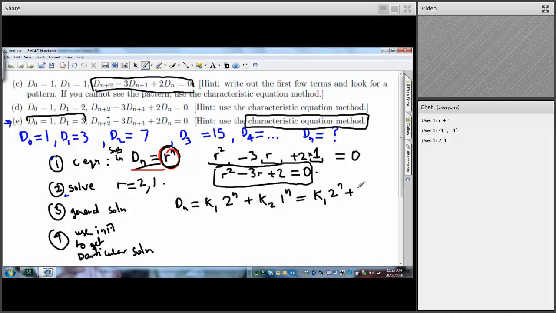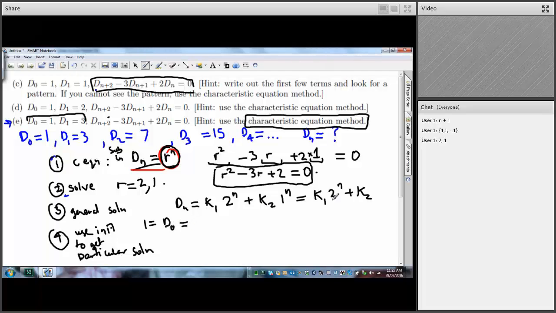The characteristic equation says that we've got basic solutions of the form r to the n, and we know that r is either 2 or 1. That's what the 2 to the n and 1 to the n correspond to. In general, it's what's called a linear combination of those. Anytime you've got that sort of equation, the solution will always have that format, and the values of K1 and K2 depend upon the initial conditions.